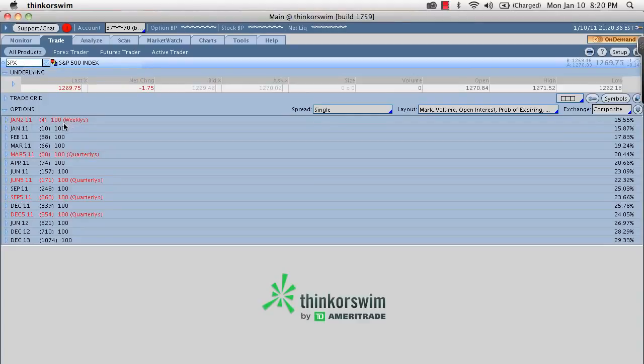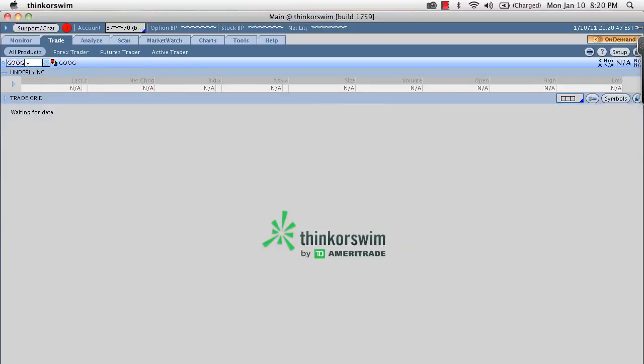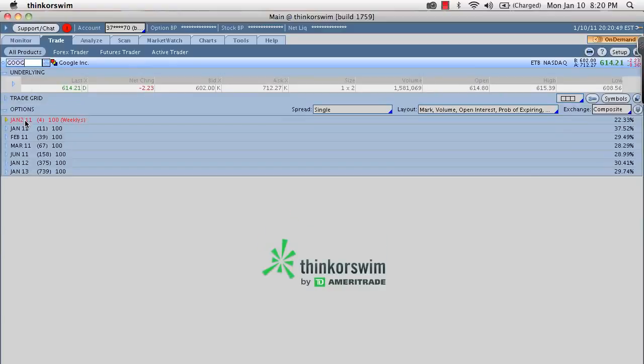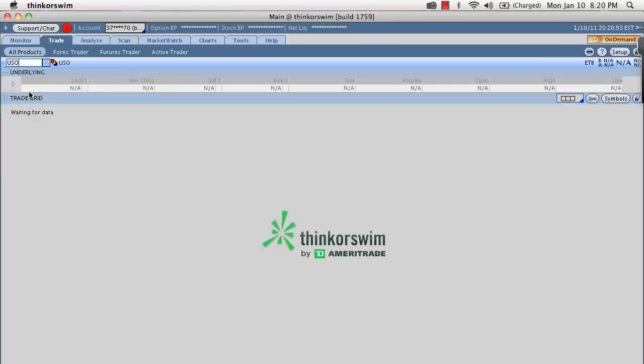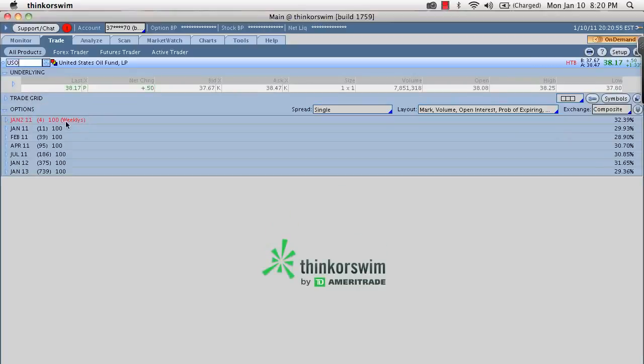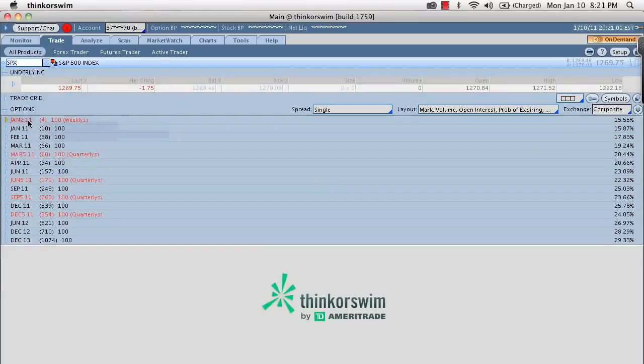The weeklies are the weekly options, and you can see the regular January ones here, February, March, and then the March quarterlies. They're also on some of the more major stocks like Google, which does have weekly options, and also a couple of the ETFs. I know that USO also has weekly options, and you can see how clearly marked they are on all of these. But let's go back to the S&P and use that as our guideline.